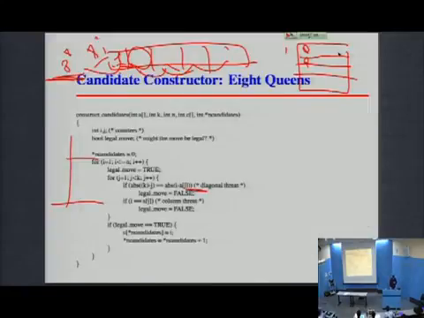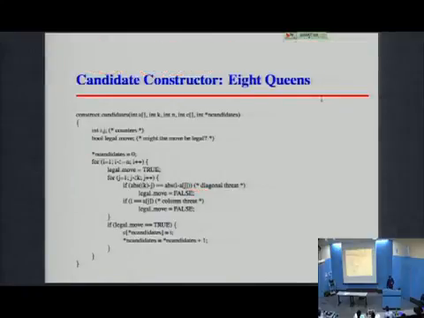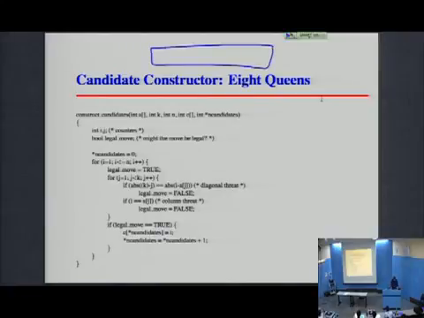I claim the following is my 8 queens code. The key work is given in my construct candidates. Usually, I don't want to make a rule, but usually part of what you're doing is in the construct candidates.